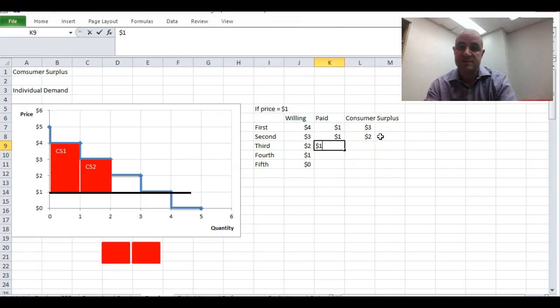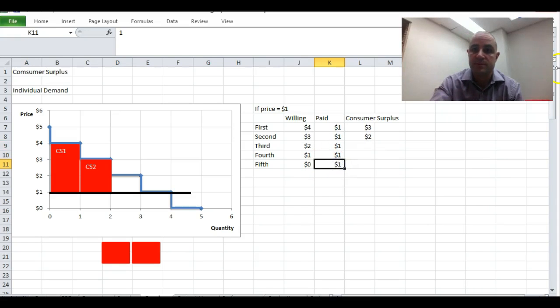For the third one, still just paying $1. Let's copy this down. And so for the third one, was willing to pay 2, did pay 1, got $1 of surplus, $1 benefit. Now the fourth, still going to buy the fourth. All right, oh, sorry. Grab this one, let's put this in here.